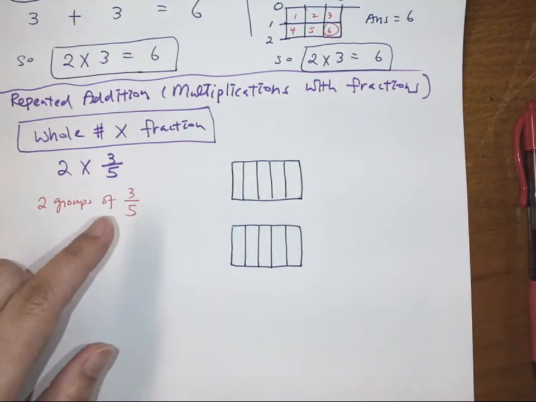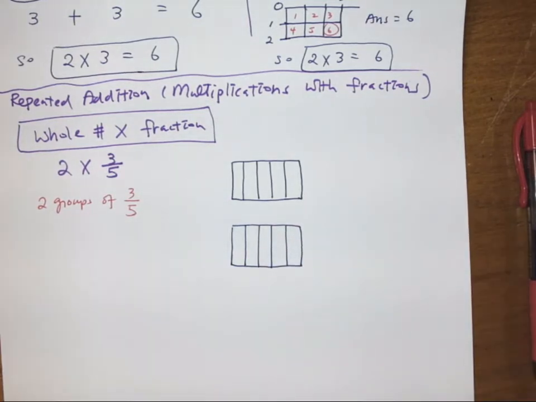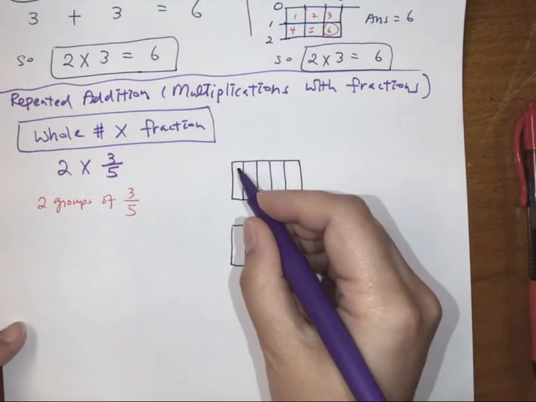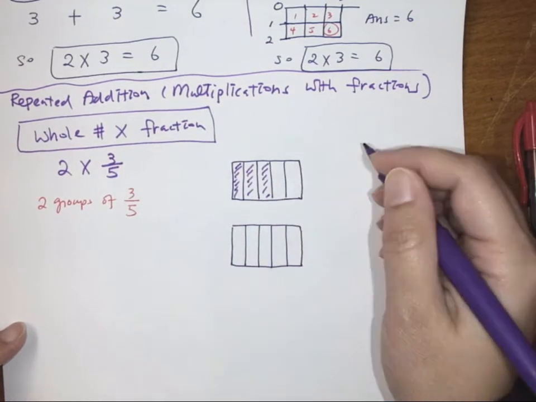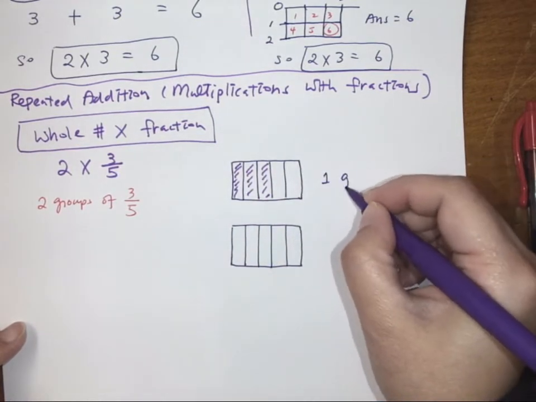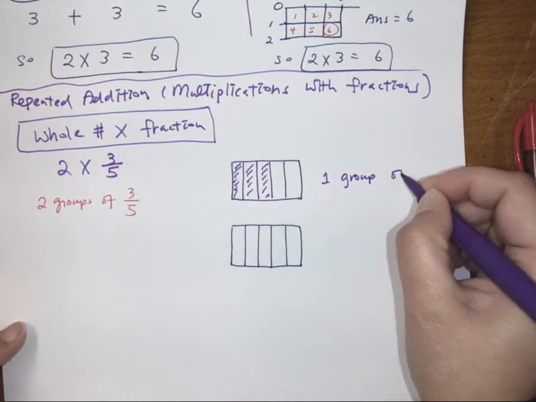Okay, and we are going to shade in the area that we have. So 3/5 means I need 3 out of 5. And I'm going to say this is one group of 3/5.